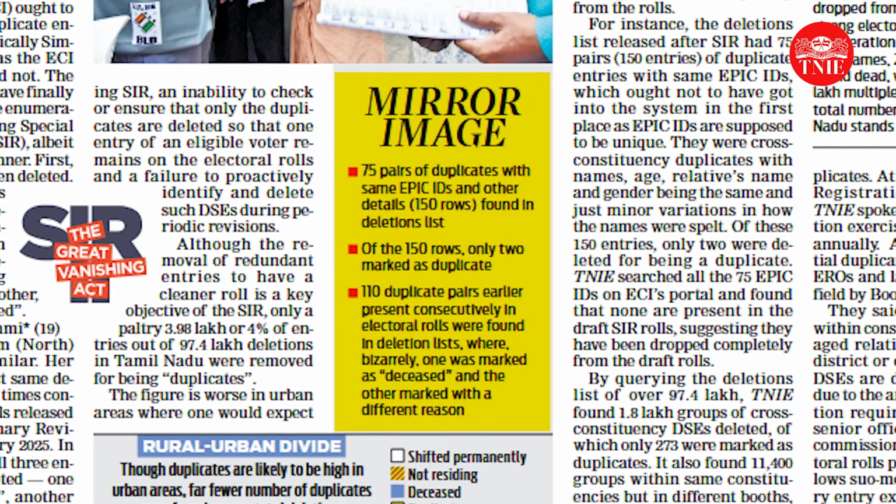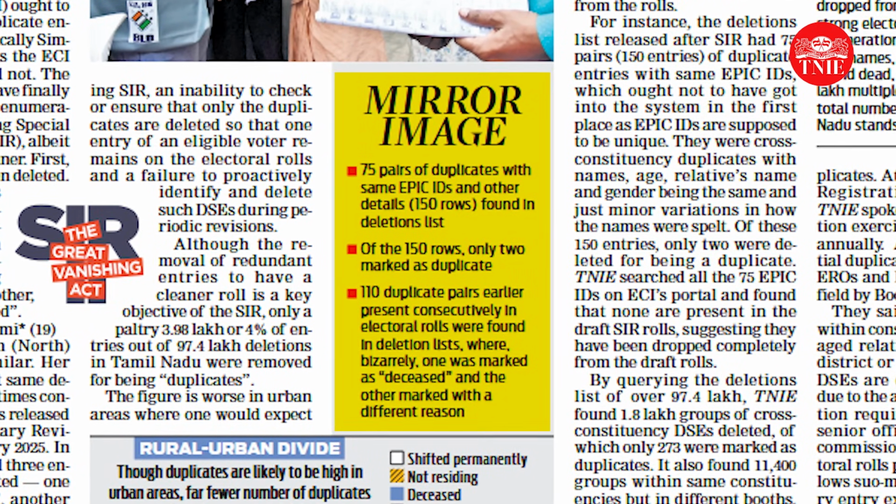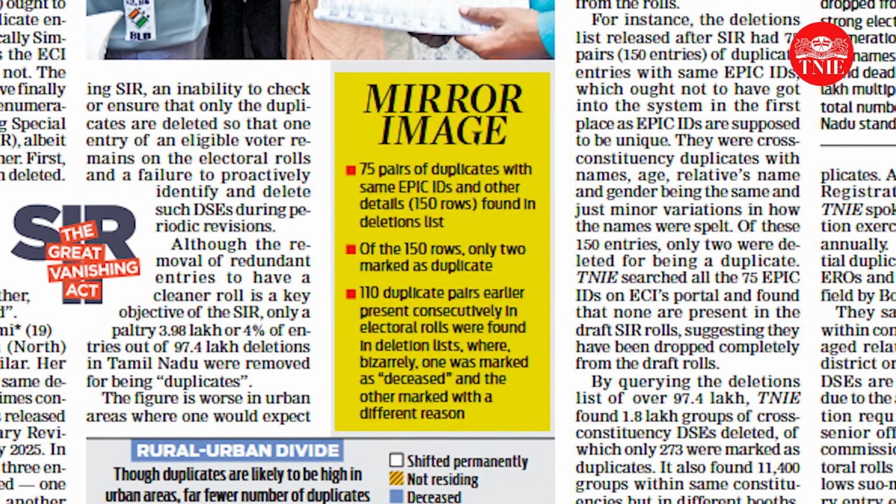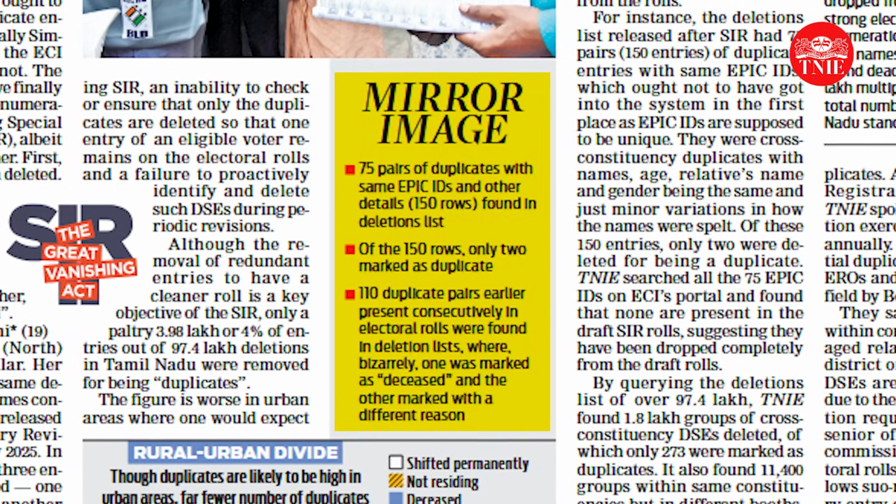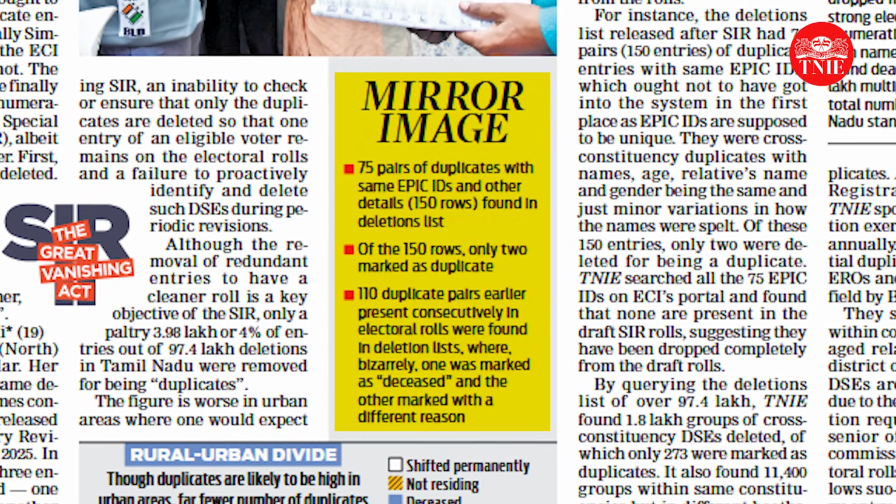Earlier, ECI had acknowledged that there are possibilities for duplicates because a uniform pattern for assigning EPIC IDs was not present earlier. A different state would have had a different format for the EPIC ID, and Tamil Nadu could have followed a different pattern. So therefore, there could be matches.